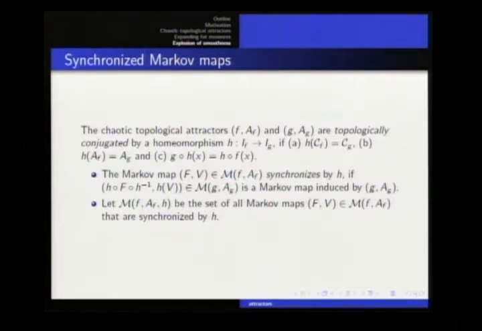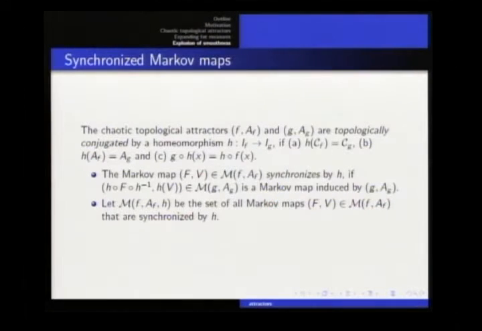So two chaotic topological attractors are topologically conjugate if there is a conjugacy that conjugates them in the proper way. And if we have such a topological conjugacy, we say that the Markov map for F synchronizes with G if, when we push it forward to G, it also generates a Markov map.